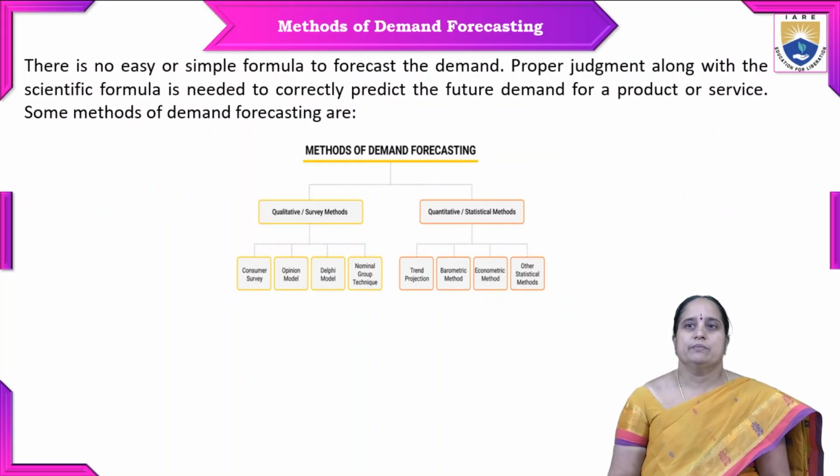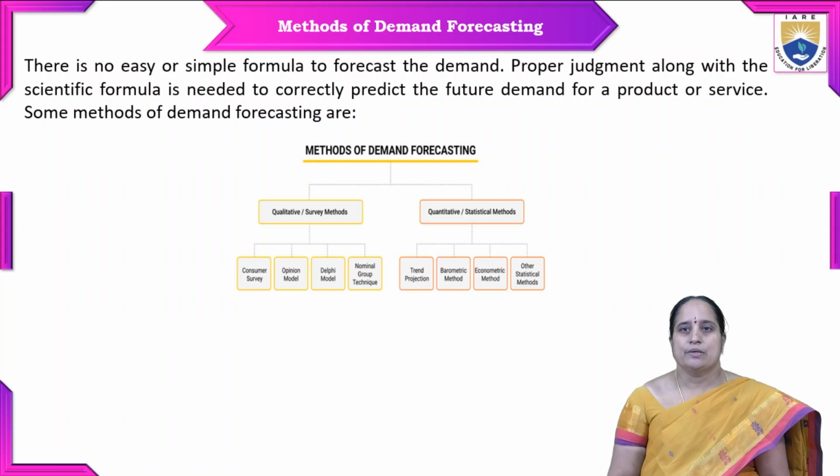Coming to the methods of demand forecasting, there is no easy or simple formula to forecast the demand. Proper judgment along with the scientific formula is needed to correctly predict the future demand for a product or service. Some methods of demand forecasting are qualitative or survey methods, and quantitative or statistical methods.